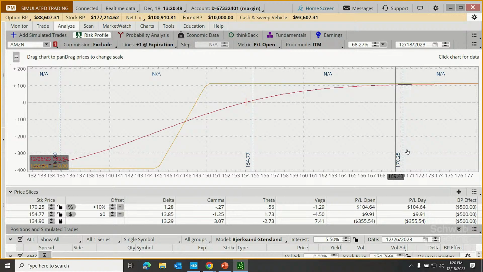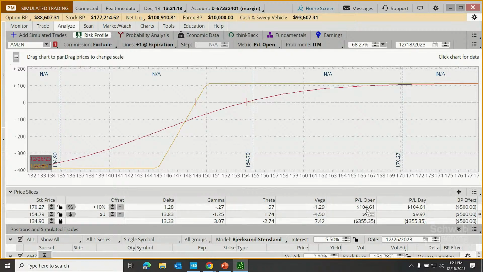Now these other slices by default are set 10% up and 10% down from the current price. So this price slices field is showing us how our trade is doing right now. And actually, since we constructed it, we're up about 10 bucks. And how we would likely be performing if the stock were to go up 10% or down 10%.